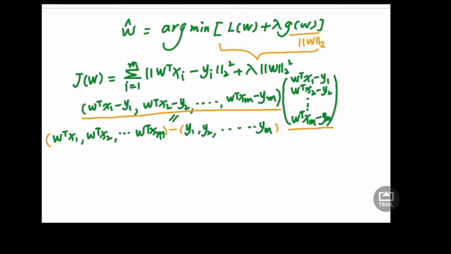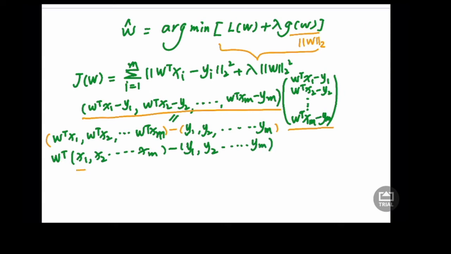It's a row vector minus another row vector. And as every element has a W transpose, we can pull it out. This is okay, right? And then minus y1, y2, dot dot dot, all the way to ym.